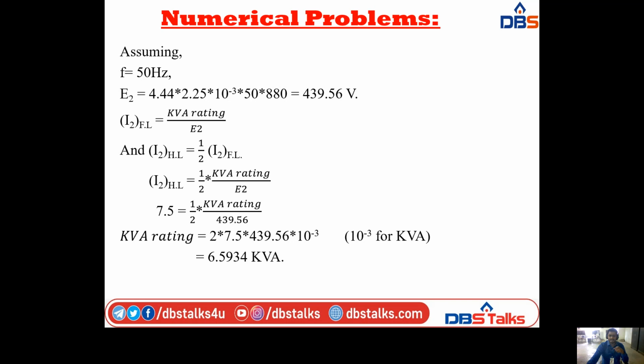That is equal to 6.5934 kVA. This is the kVA rating of the given transformer. Here I am taking 10 to the power of minus 3 for the kVA rating.